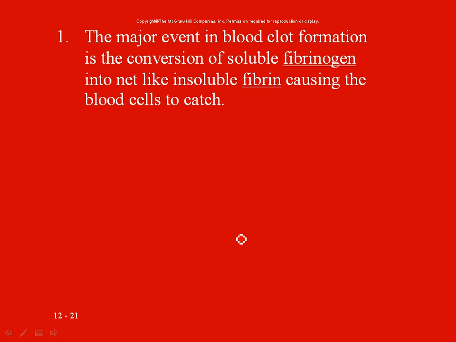And the coagulation or the blood clot formation, like we said, involves the conversion of the soluble protein called fibrinogen into the insoluble form called fibrin. And like we said, the fibrin acts like, if you've ever seen concrete, if they're doing a concrete wall or something like that, oftentimes they'll put rebar, those pieces of metal, inside of it, and that reinforces it and gives it structure.